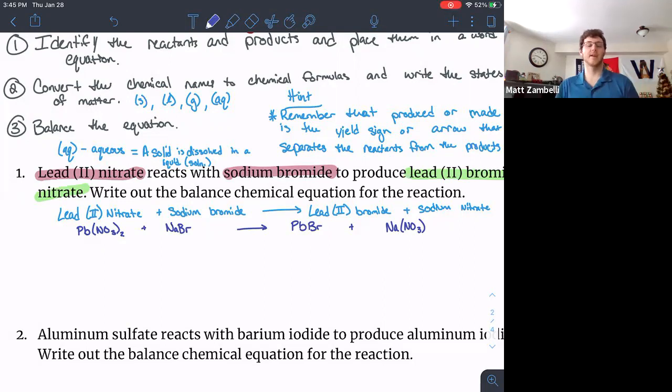Think about when we talked about molarity and calculating that, because that might have something to do with where we look.